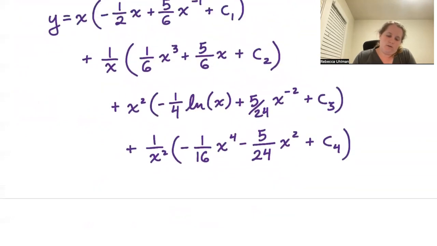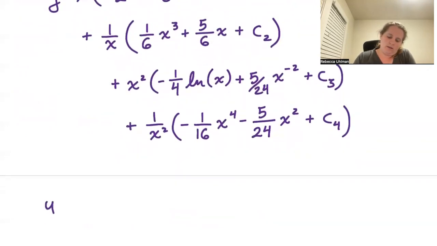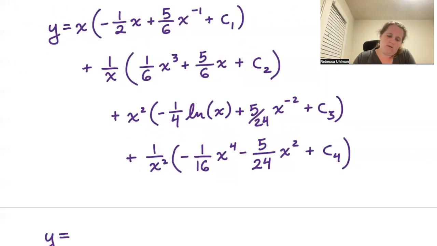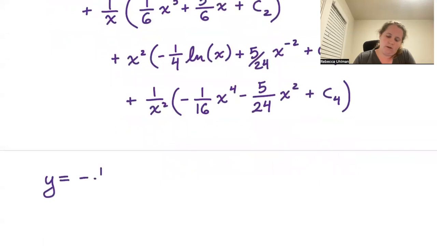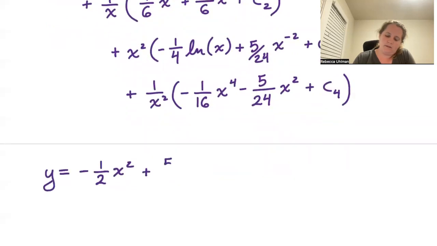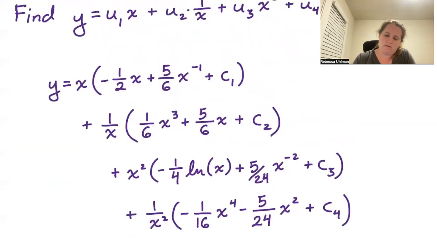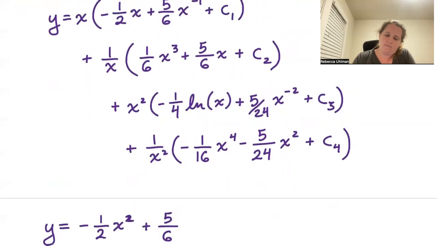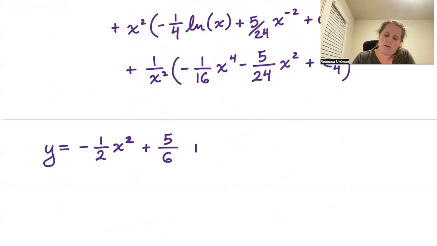Multiplying this out, we are looking at y is equal to, we have a negative 1/2 x squared plus 5/6 plus c1x.